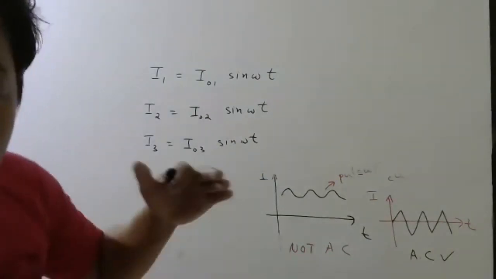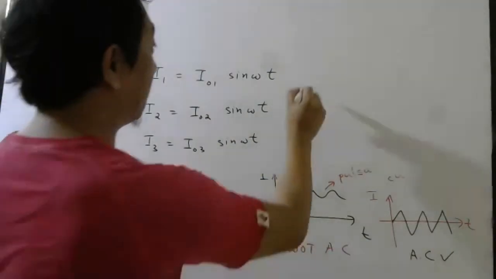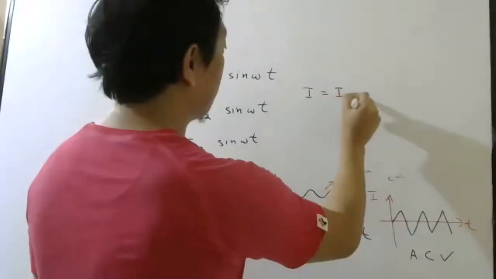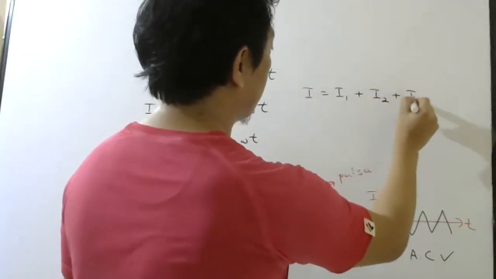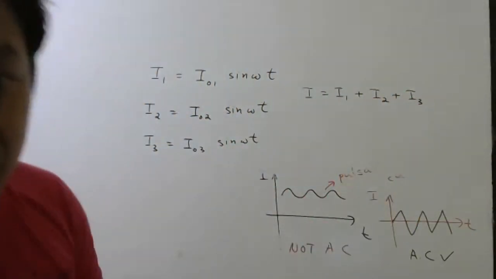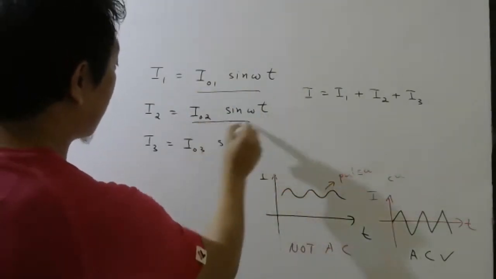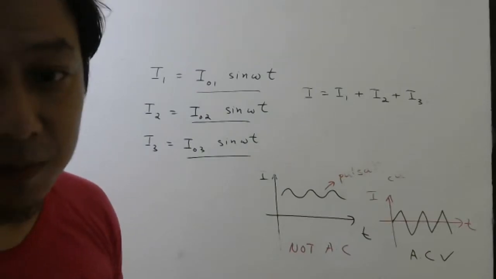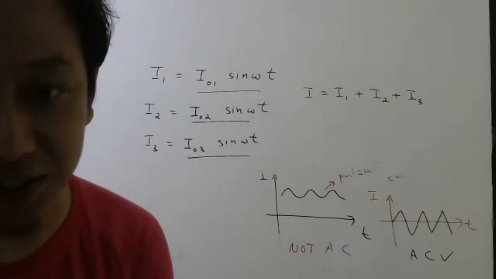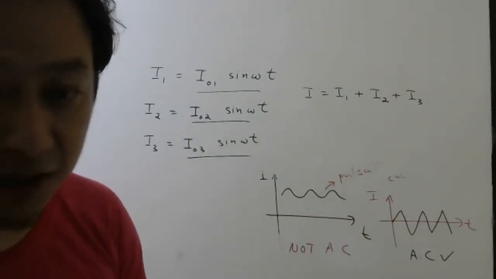Now, if you want to add the instantaneous current, directly adding this and this and this becomes very tricky because there will be too many trigonometric functions to add. Understood or not?